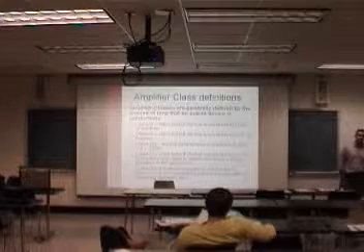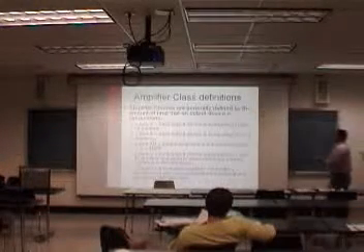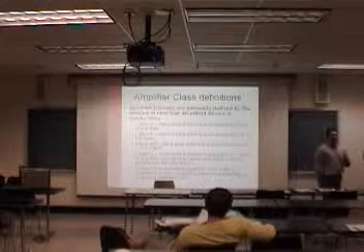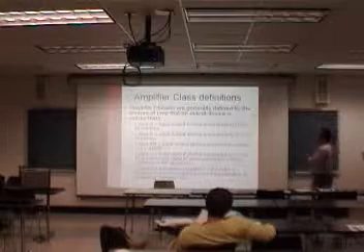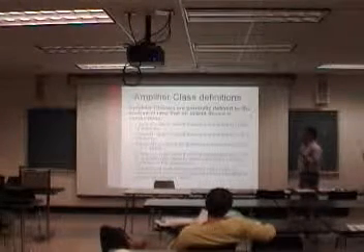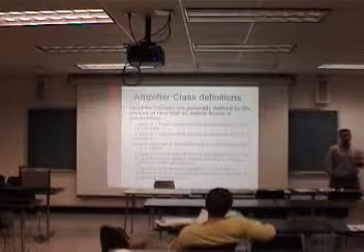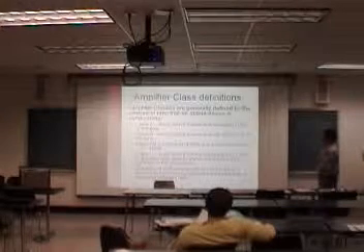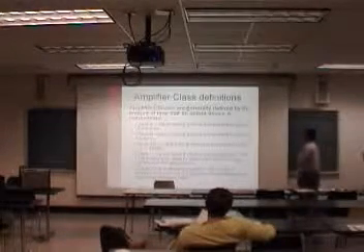If you have clipping, you can't be Class A, because the definition of Class A is that the device is conducting 100% of the time. But, again, you play with words. So you have an amplifier that's designed to work Class A, and though it's not actually operating in Class A, it's saturated when it's clipped, it's still a Class A circuit. So we talk about it as Class A.